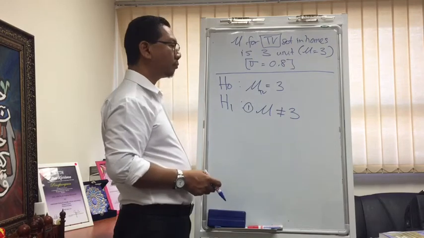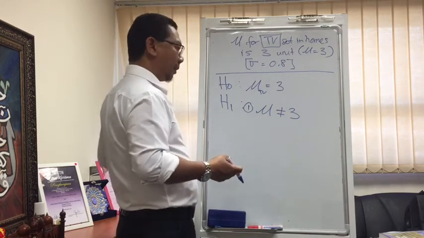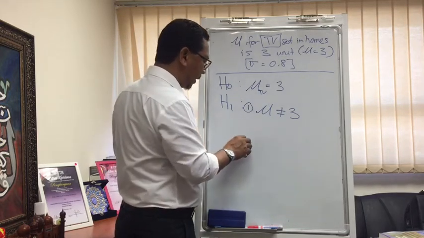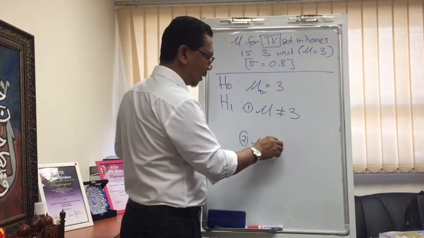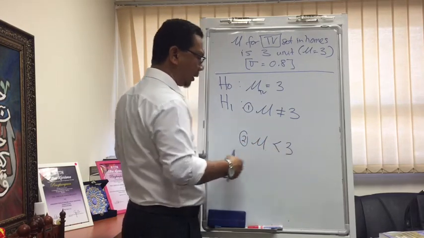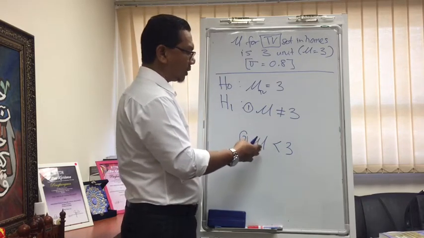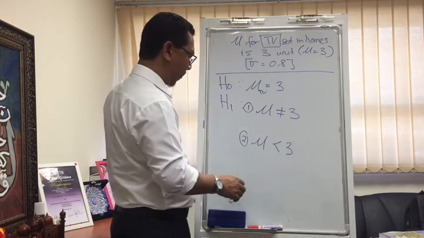Or if you have different ideas, the second option is that the mean is, for example, less than 3, meaning that you believe as a researcher the mean for TV sets in homes is less than 3.